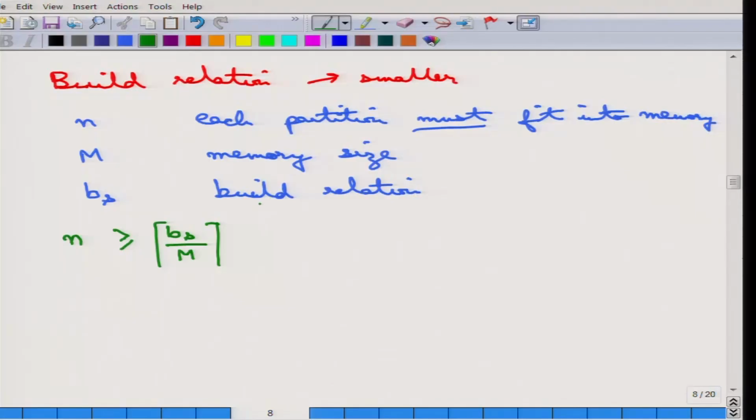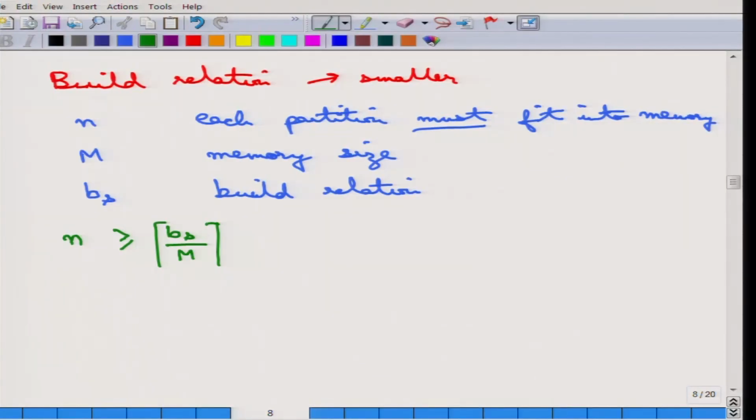Because the total size of the build relation is BS, and if each partition fits in M, that gives you the number of partitions that must be handled, and n should be more than that. So, if the actual number of partitions is more than that, then the size of each partition will be less than what can fit.